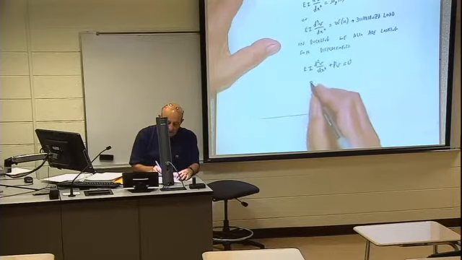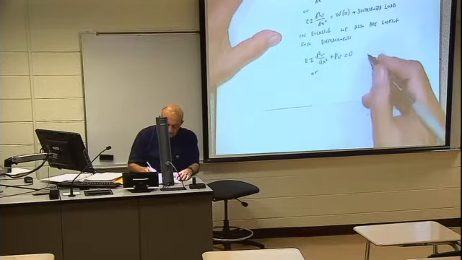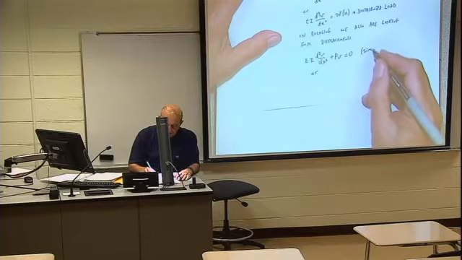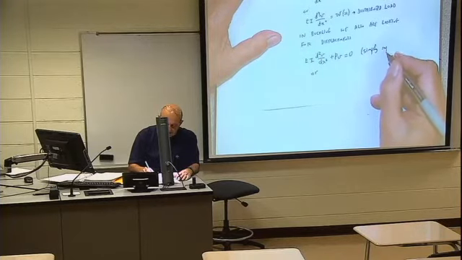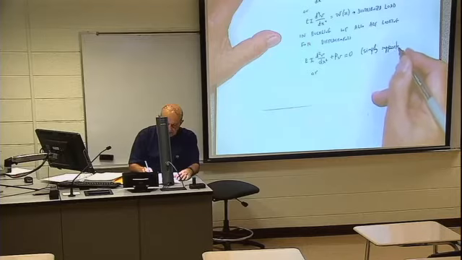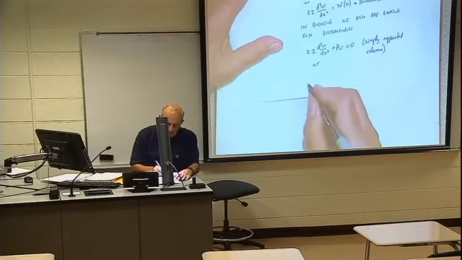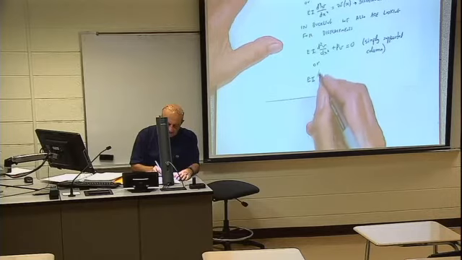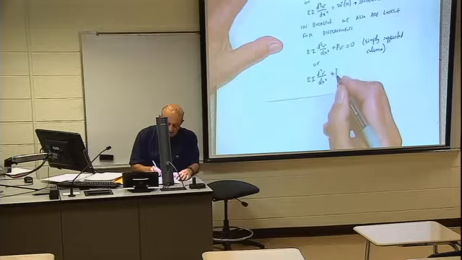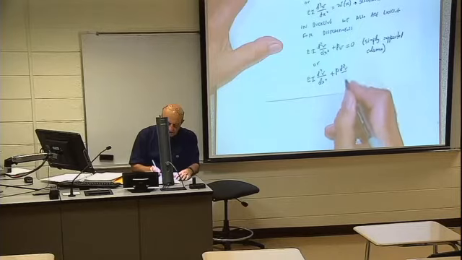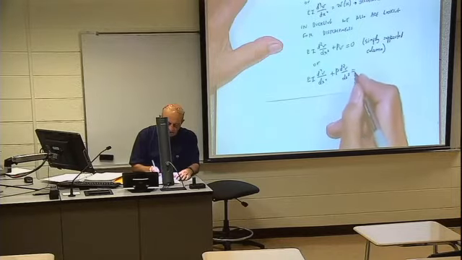Okay, or that is for a simply supported column. Or EI d4v dx to the first power plus P d2v dx squared equals 0.